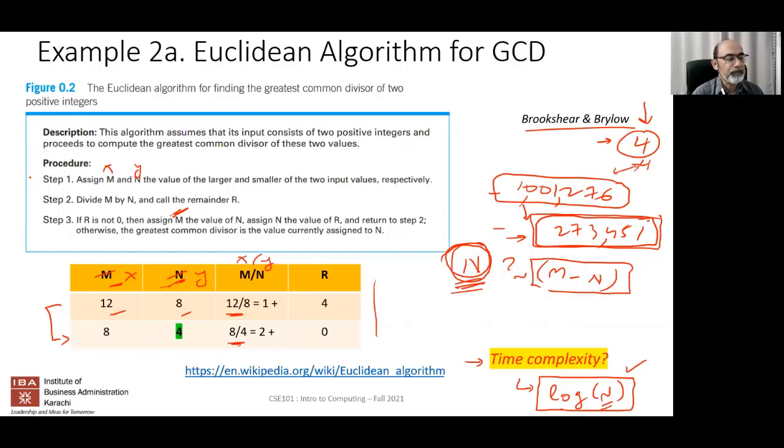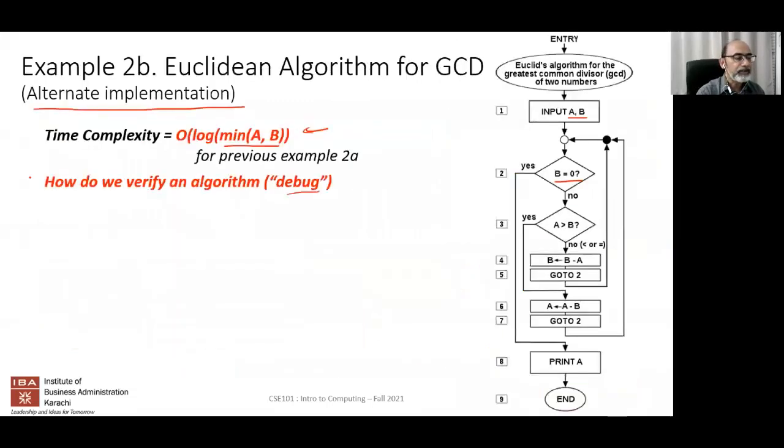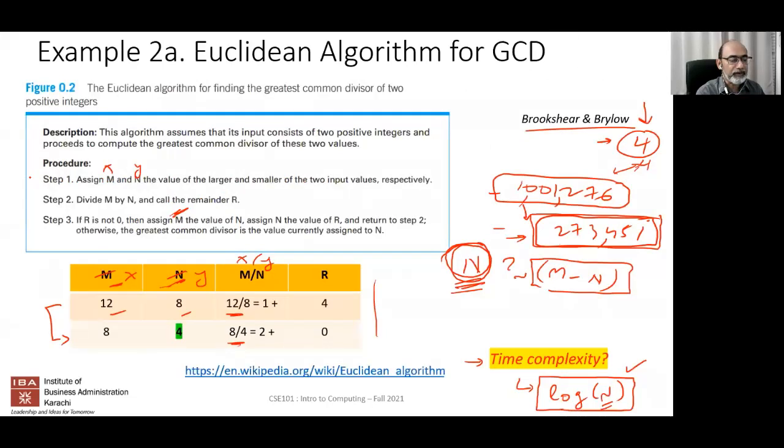Okay, so we chose two numbers, 8 and 12. I didn't pick 1 million and I didn't pick 273,000. I picked something very simple. And the reason was because I know that I can test it out in a few steps. Okay. So the way I would do it again, we could use the numbers 8 and 12. But this has many more steps. So how would I go about, as you're saying, Zarlish, tracing it out? How would you go about it?